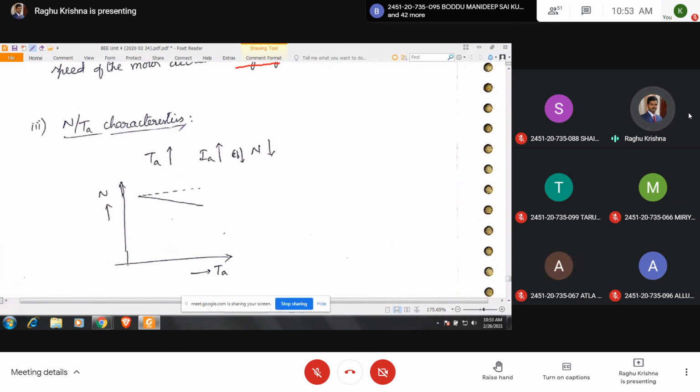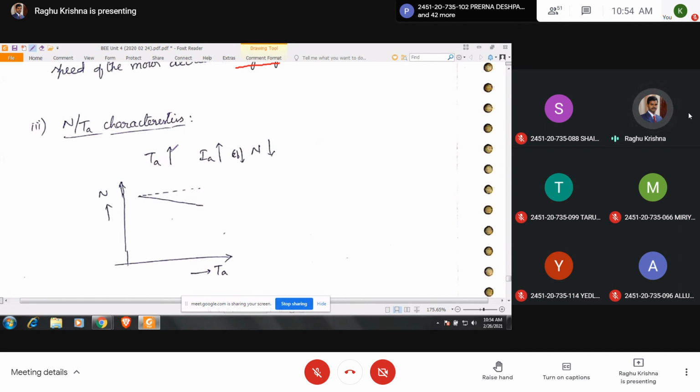So next, speed versus torque characteristics. As torque increases, that is, if you apply more mechanical load, if the shaft is to rotate a heavy load, it requires more torque. More torque can be obtained by more current.